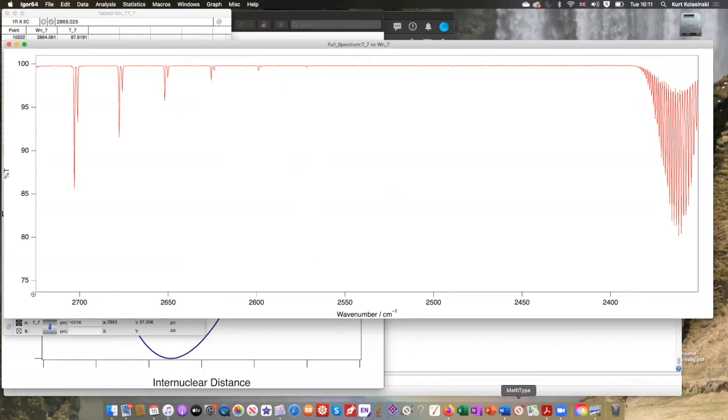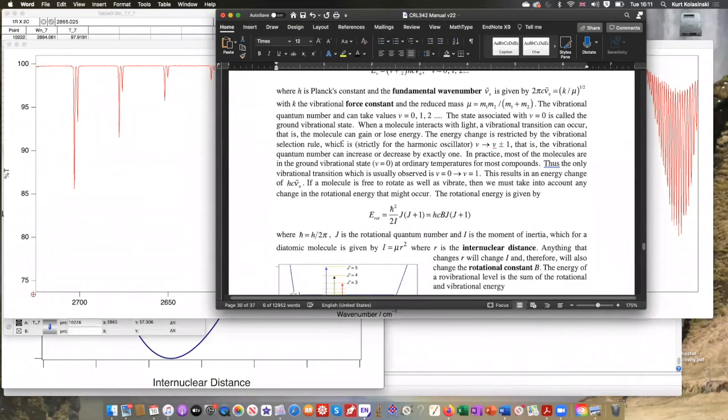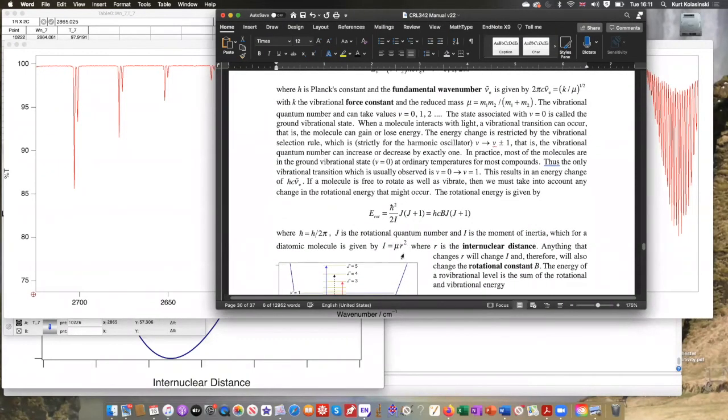What is that aspect of HCl that is causing a doublet of these two in a constant ratio of about 3 to 1? The answer to that can be found here, right? The rotational constant depends on the internuclear distance, the bond length. That's the same for all HCl molecules in the V equals 0 state and a particular rotational state, right?